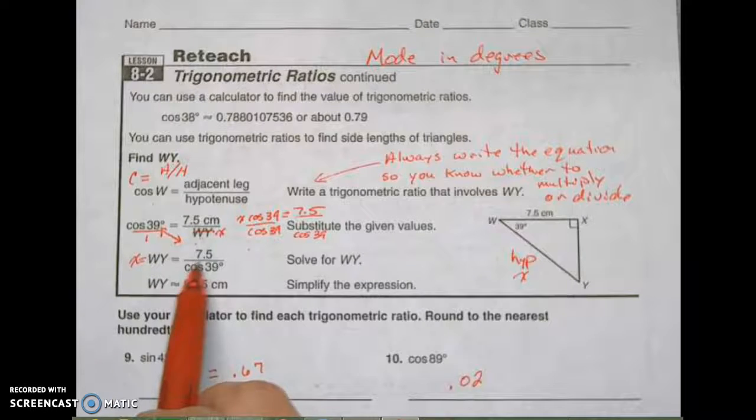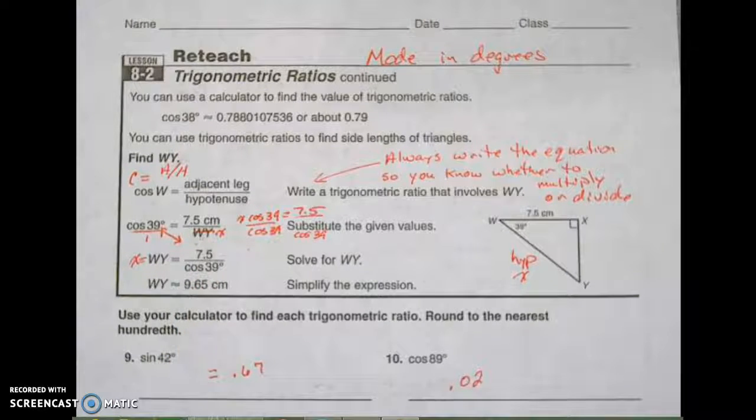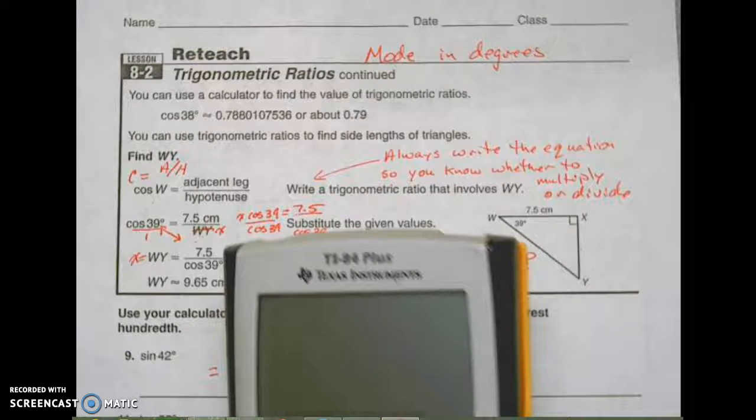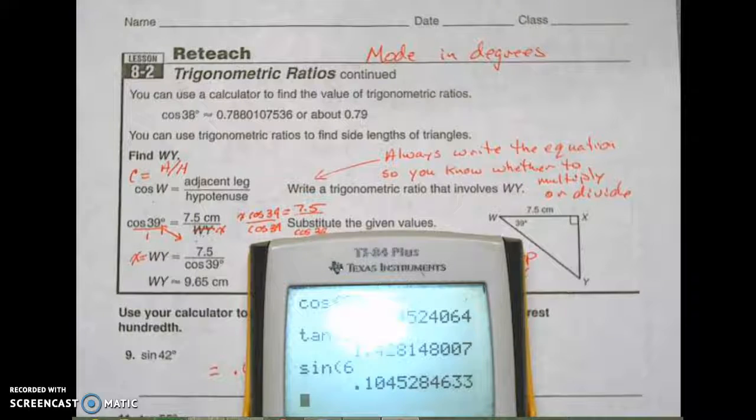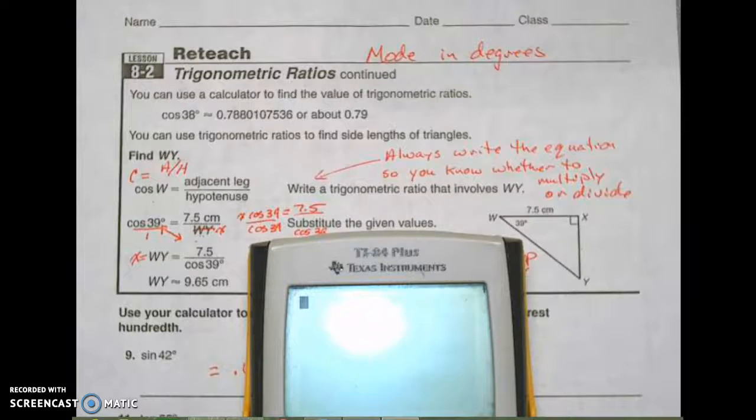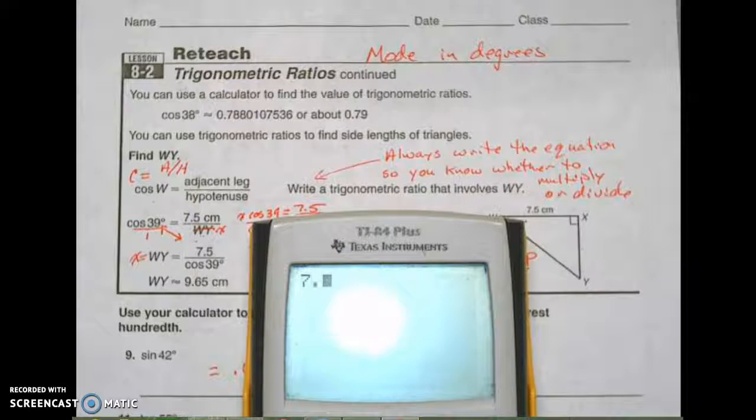So to find my x, I want to take 7.5 divided by the cosine of 39 degrees. And that's just a number crunching exercise in your calculator. At that point, when you're ready to solve for x, you can go ahead and put that in your calculator of 7.5 divided by cos 39. And that's what's giving them the answer of about 9.65.